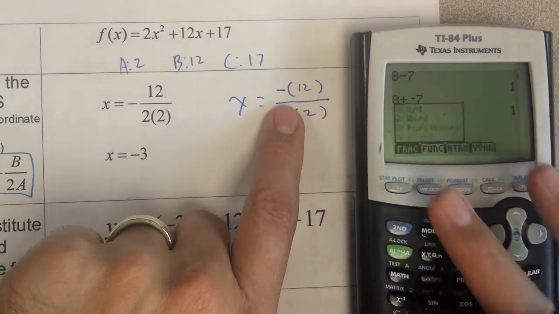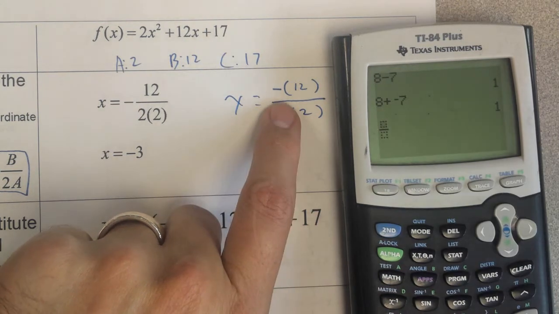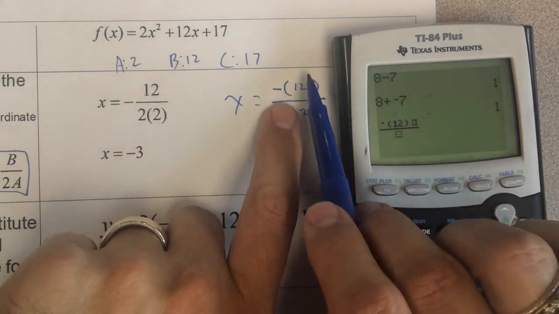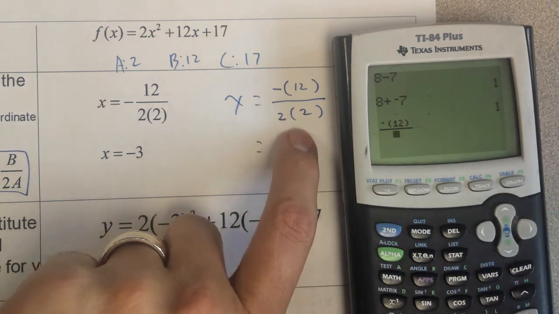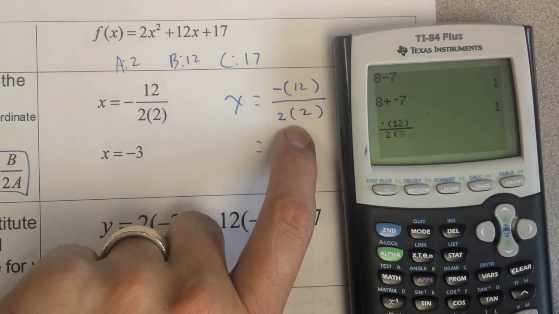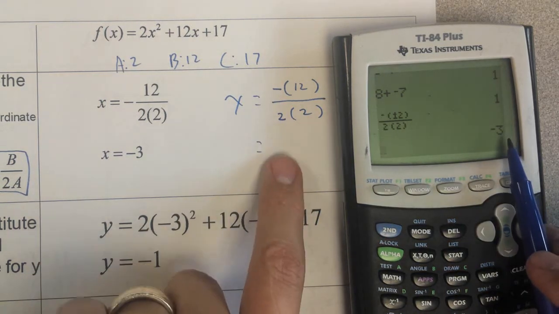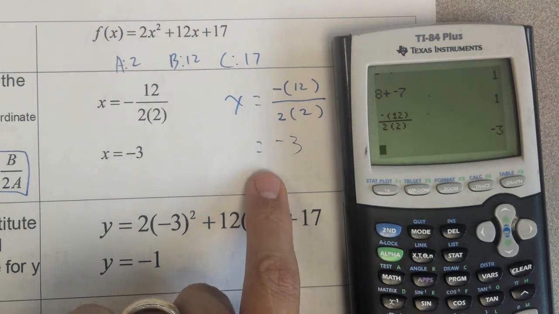I can go alpha y equals, top one is my fraction, and I can do -12, parentheses in there. Sometimes B is negative. If B is negative, I would have to put a -12 in there, and there'd be 2 negatives. That's why I'm going to keep things in parentheses. And then 2 parentheses 2 on bottom. I press enter, and that's how we get -3. That is my X value.